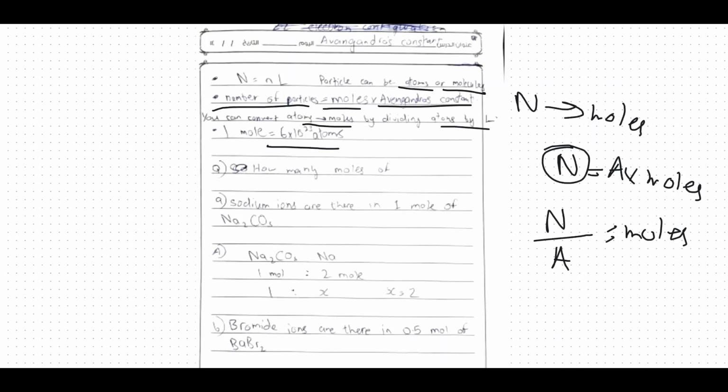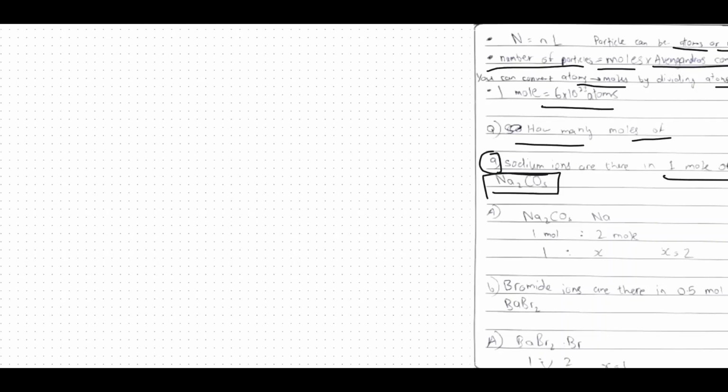This is part A: how many sodium ions are present in 1 mole of Na2CO3? So this is another rule that you need to know: if they ask you the number of atoms or molecules in a compound, you'd use the ratio method.